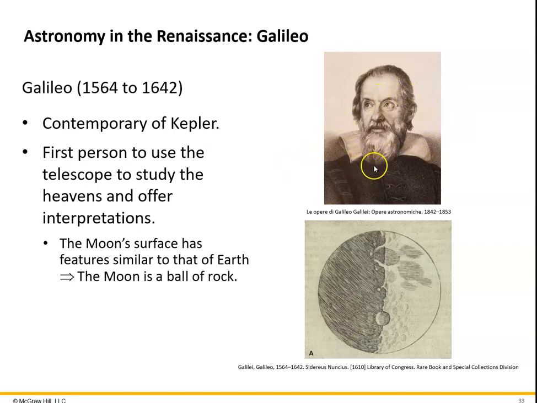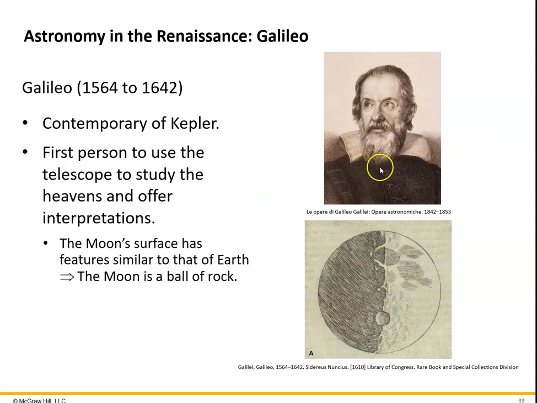Galileo really sparks the imagination of the public with his observations. Galileo becomes super famous during his own lifetime. The reason for that is he is the first one to turn a telescope to the night sky.